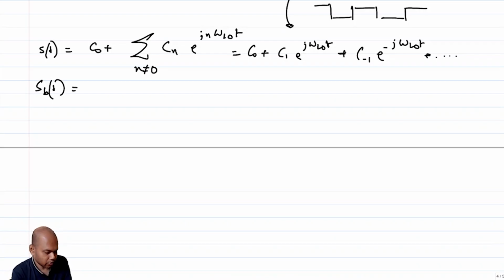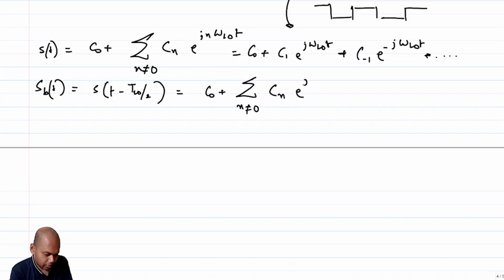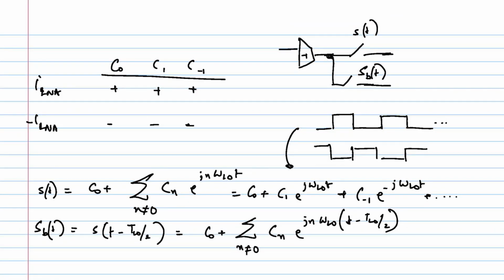SB of t will also be, I can express SB of t as S of t minus TLO by 2, correct? So if I express that S of t minus TLO by 2, I can basically say this is equal to C naught plus summation of n not equal to 0 Cn e to the power j n omega LO t minus TLO over 2, right?